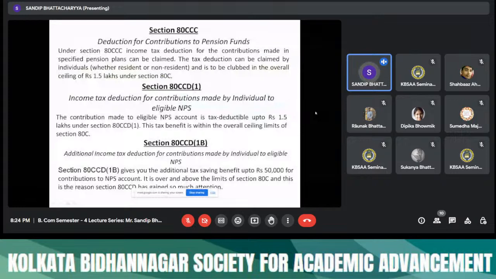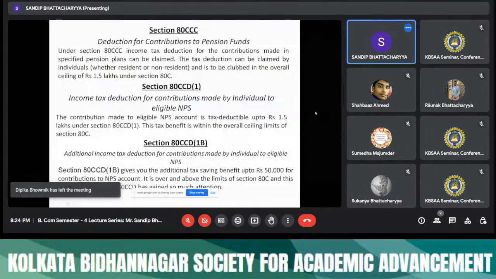Three together 1,50,000. We must take care of these areas, be very very careful about your examination, so that income tax deduction is for contribution made by an individual to the eligible nationalized pension scheme.